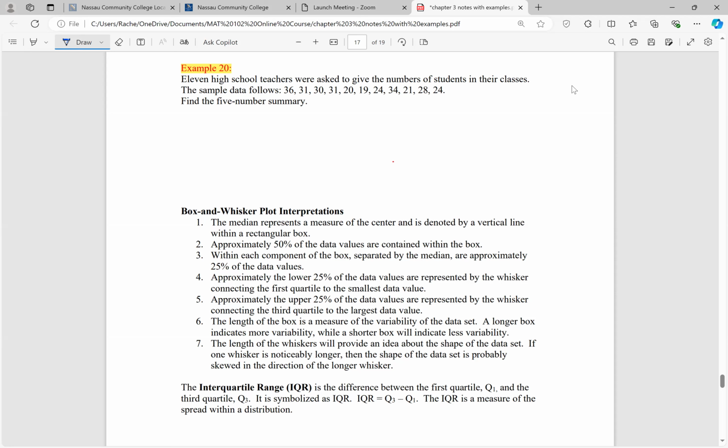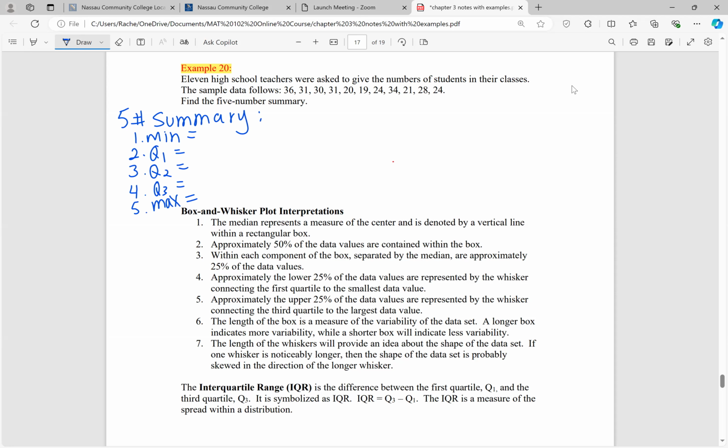So like I showed you in the previous lesson, your 5-number summary consists of the minimum data value in the set, the first quartile, which is Q1, the second quartile, which is also the median, the 50th percentile, the third quartile, which is the 75th percentile, and the maximum data value in the set.